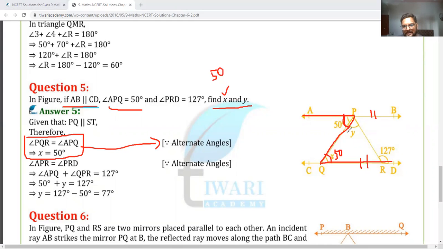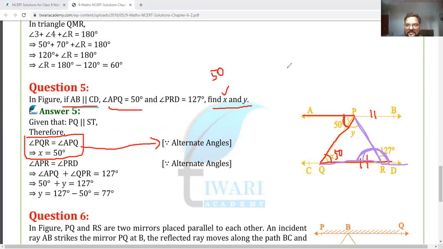Now we want Y. But before that, if I add the angle QRD and this angle PRD, which is 127, it looks like a linear pair forming a semicircle over a straight line, which gives you 180 degree.